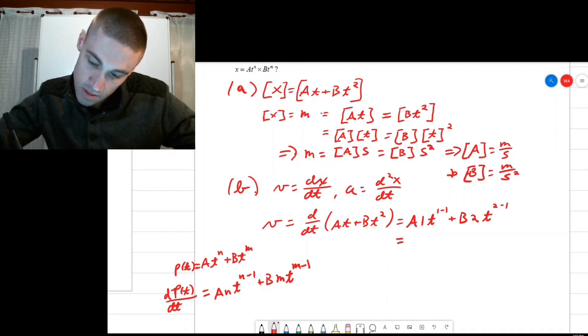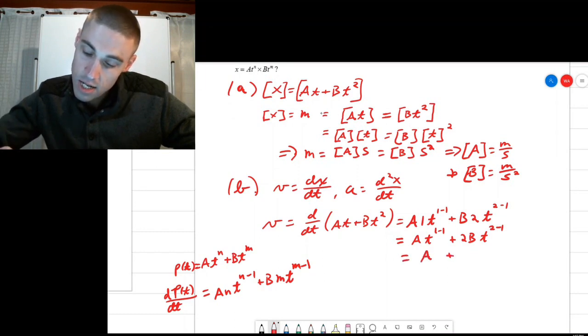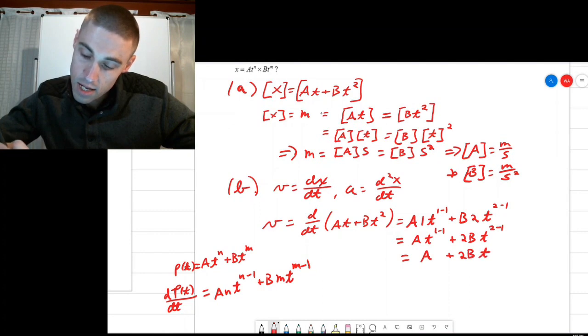Well, a times 1 is just a, and t to the 1 minus 1 is just t to the 0, otherwise known as a 1. So this term is just a. And in the second term, t to the 2 minus 1 is just t to the first power. So this is a plus 2b times t.